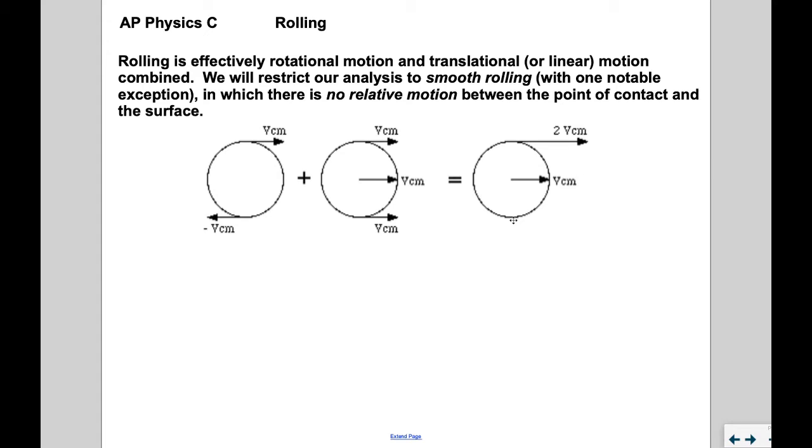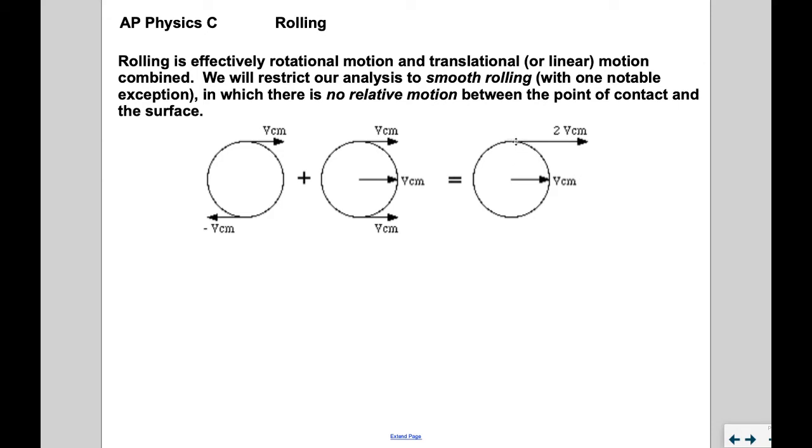So in other words, the linear velocity to the right here is equal to the linear velocity to the left due to the rotation. So they cancel out, and we find that this instantaneous velocity of the contact point is 0.